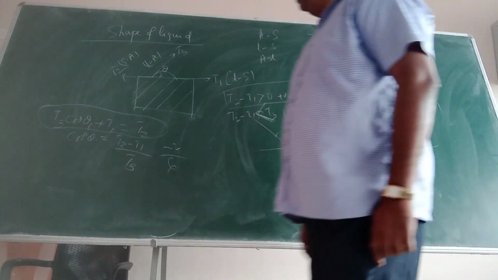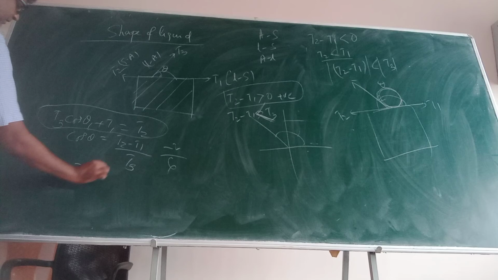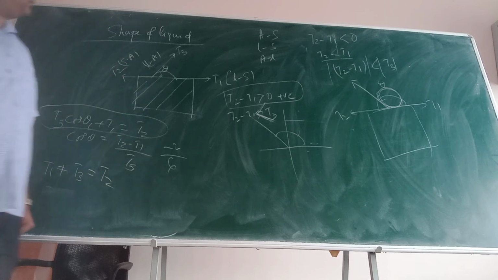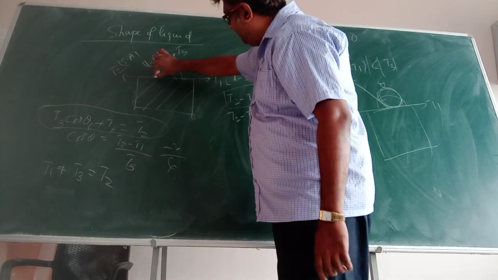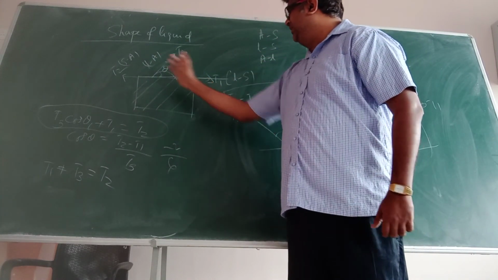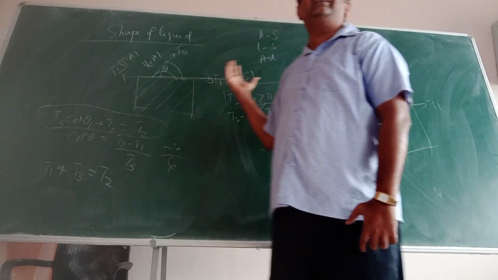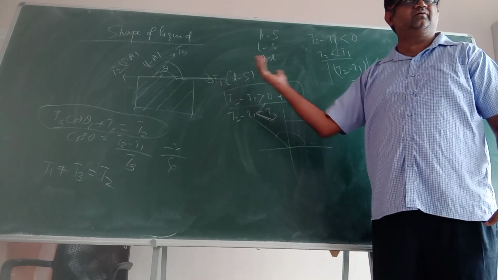So this equation will reduce to T1 plus T3 is equal to T2. T1 plus T3 is equal to T2 हो जाएगा। तो यहाँ पर क्या मतलब है इसका, ये जो T3 था वो नीचे ऐसे गिर जाएगा, ये ऐसे हो जाएगा। T1, T3 they are in this line, T2 is in this line. ये flowing condition, ठीक है?